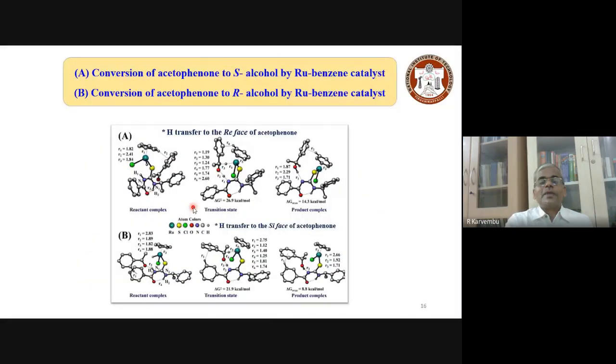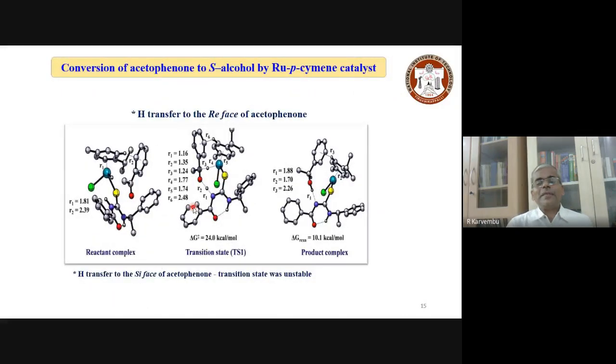So in the case of the ruthenium p-cymene complex, similarly, two interactions are possible. The re-face interaction is given here. In the re-face interaction, the CH of the p-cymene interacts with the pi surface of the substrate. Similarly, there is a si-face interaction also. But during the calculations, they found that the transition state of the si-face interaction is very, very unstable.